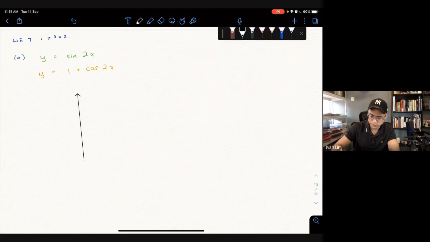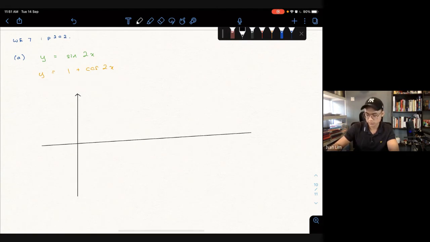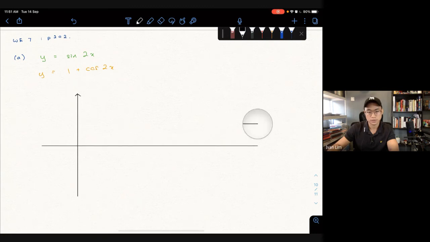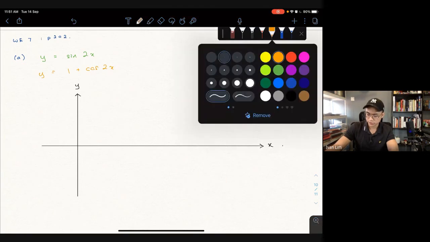Then you'll see mine, see if it is the same or not. Okay, y equals to sine 2x, and then y equals to 1 plus cos 2x.